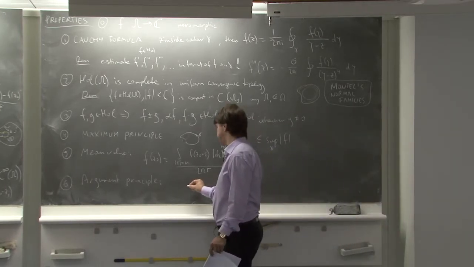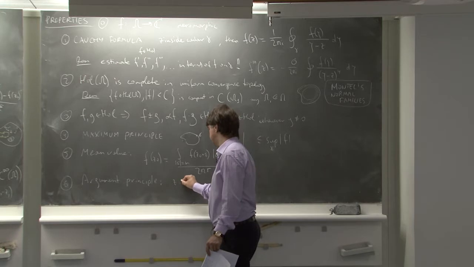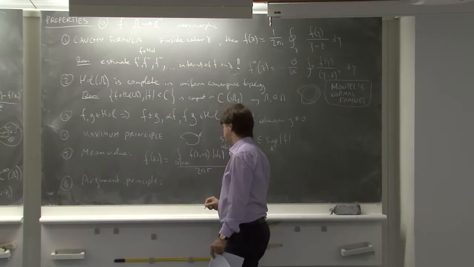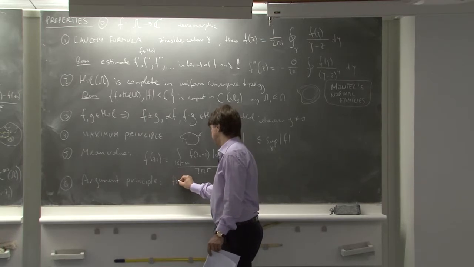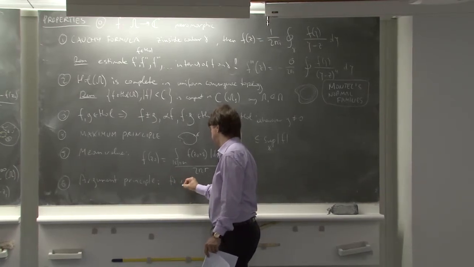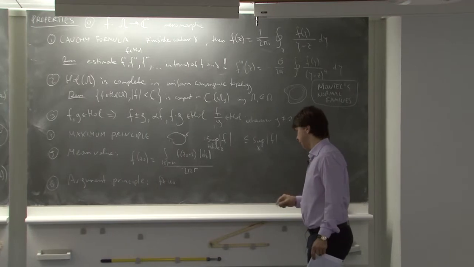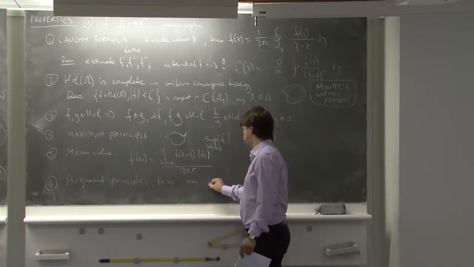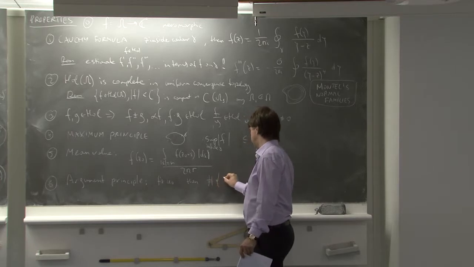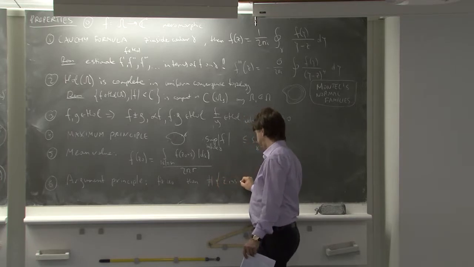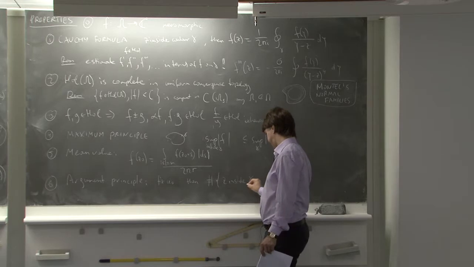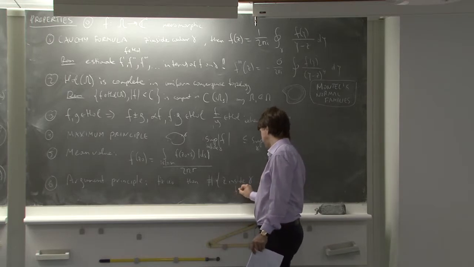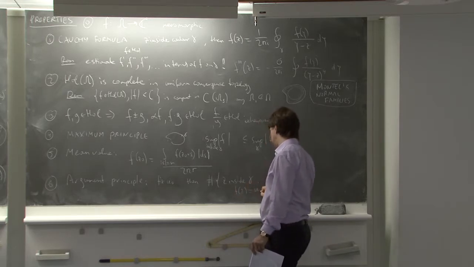So suppose that z is... so fix some point u0. Then the number of z inside contour gamma such that f of z is equal to u0.